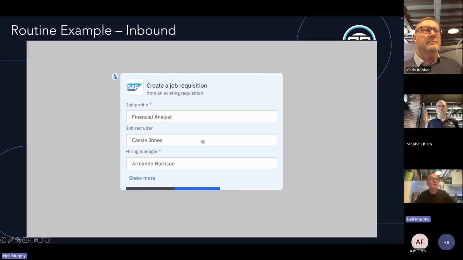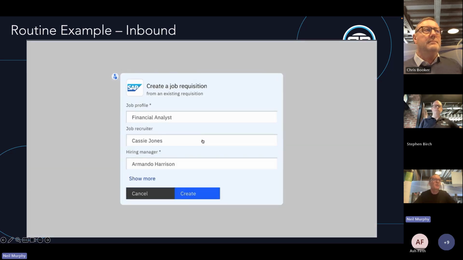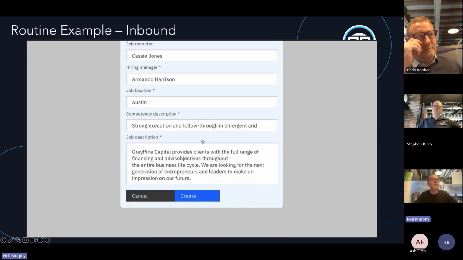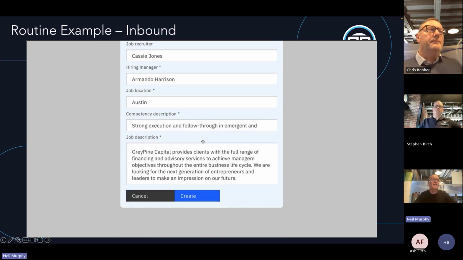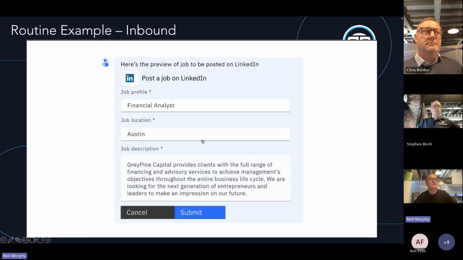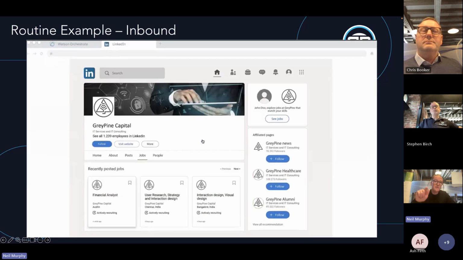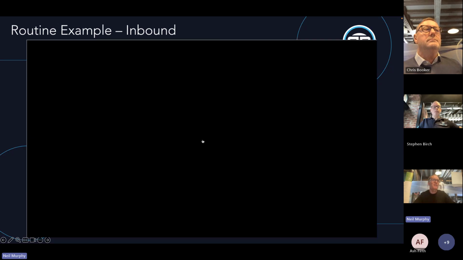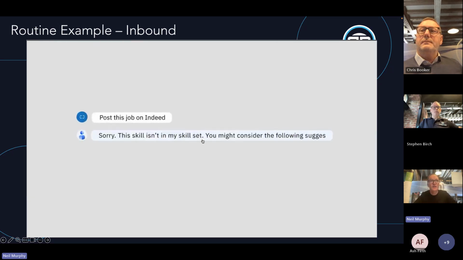This is what the orchestrate bit does. It's pulling up the information it needs in order to create that. You can then edit that if you need to, hit create, and it's then dropped that into the SAP environment in terms of creating that employment requisition. And now what we're doing is we're going and we're going to post that on LinkedIn. So again, there's another skill that says posted on LinkedIn, and very quickly that's done.